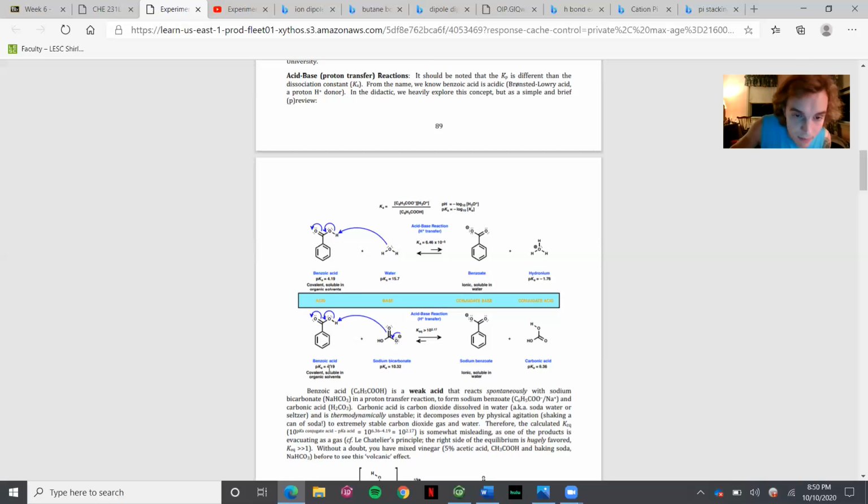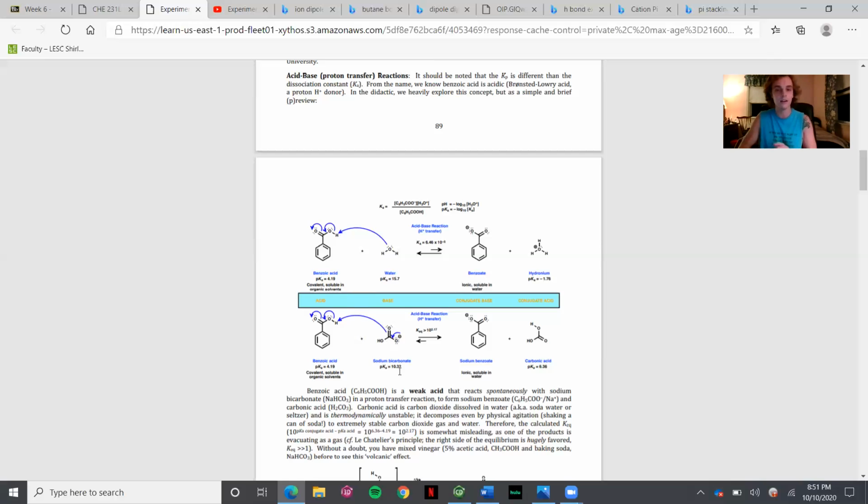So for this example, the benzoic acid is 4.19, and the sodium bicarbonate water solution is, and NaHCO3 just says sodium bicarbonate, but it means aqueous sodium bicarbonate solution, okay? Just to be clear. I remember when I was taking organic chemistry, that was totally unclear when I was reading reactions. But anyways, the pKa is 10.32. That's relatively high.